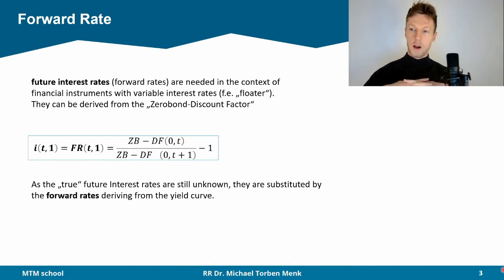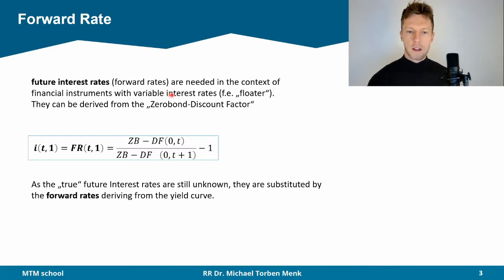We can derive the future interest rates from the yield curve in an objective mathematical way that we could all agree on at the date of contract. And this is why you need the future interest rates, or, as I said, forward rates.